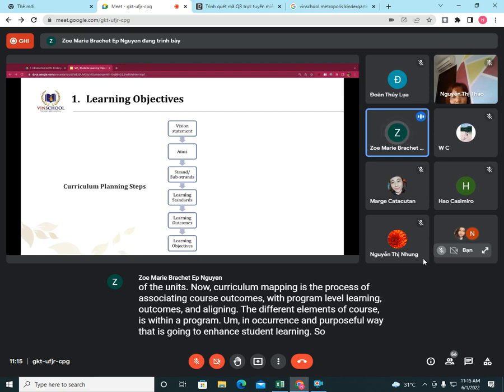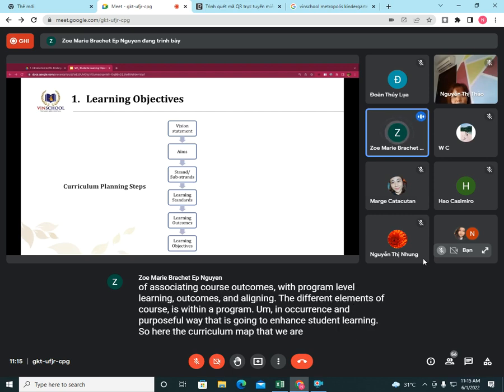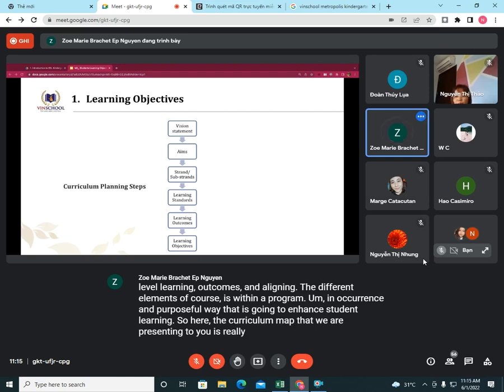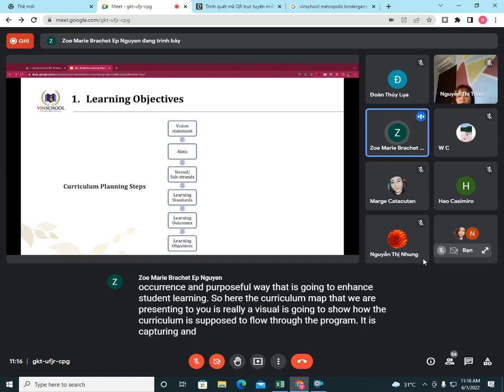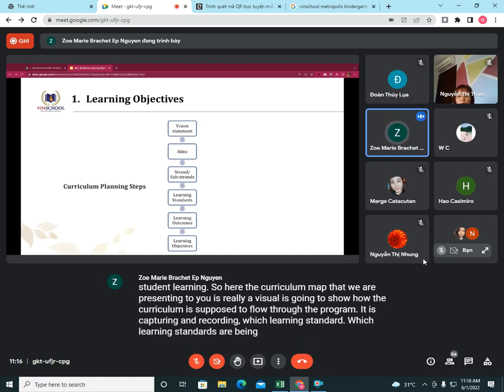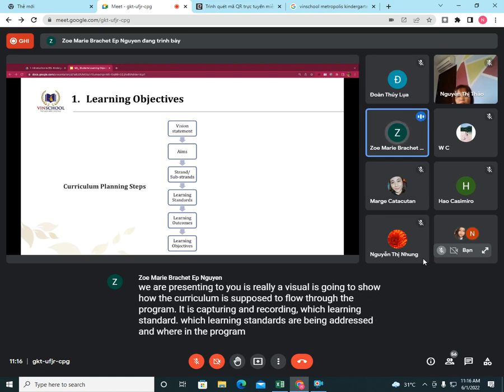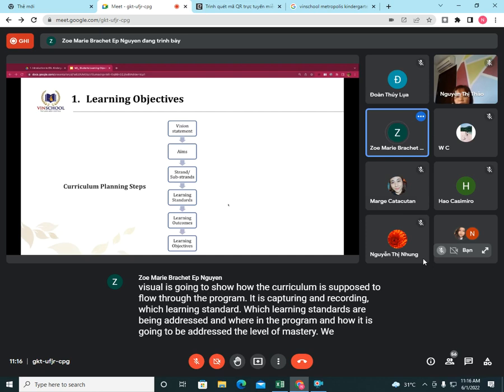Here, the curriculum map that we are presenting to you is really a visual that shows how the curriculum is supposed to flow through the program. It captures and records which learning standards are being addressed, where in the program, and how they are going to be addressed, at the level of mastery we were discussing.